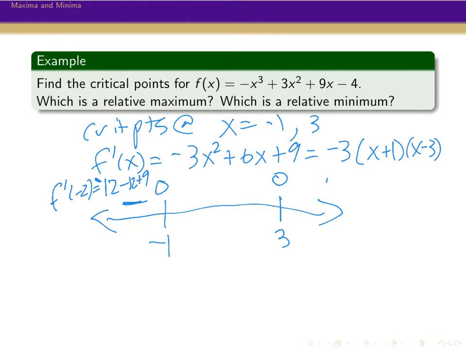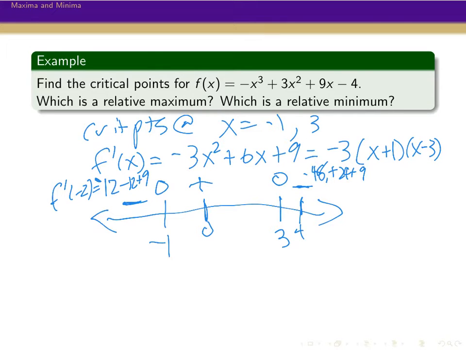So it's decreasing coming into that point. Now I need a point between minus 1 and 3. Easiest one to pick is 0. And it's going to be just 9 there. So that's going to make it positive. And then if I pick something like 4, that's going to be minus 48 plus 24 plus 9. I don't know exactly, but it's going to be negative there.